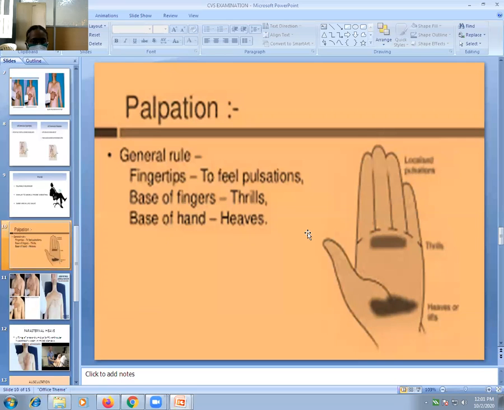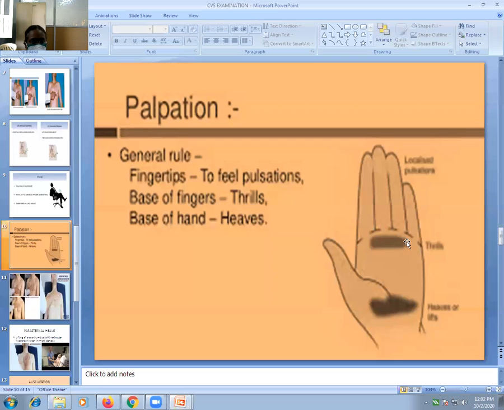Now, this is the general rule of the palm. What is the rule of the palm? With the fingertips, you palpate and localize the apical impulse. So fingers are for the apical impulse, for palpation and for localization. The base of the fingers is for palpation of thrill.